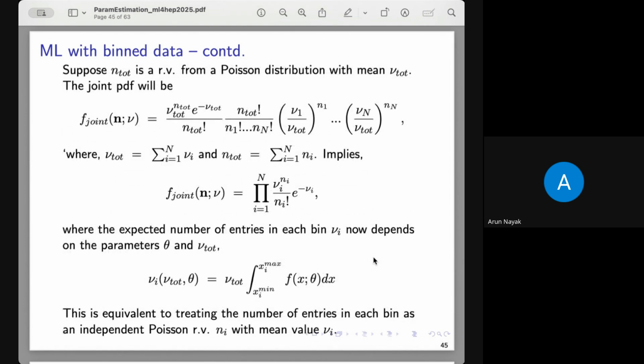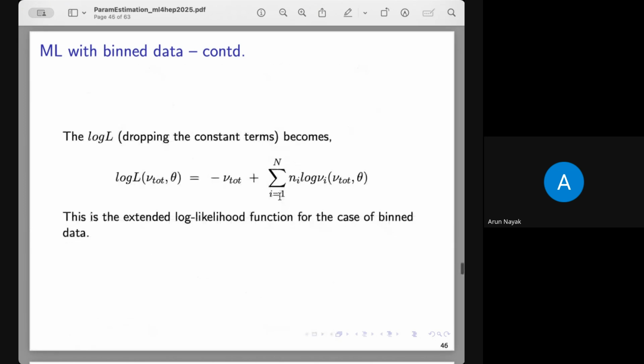So when we take the log of this likelihood and drop some constant terms corresponding to n, you will get the log likelihood of this form, and this is again the extended log likelihood function in the case of binned data sets.